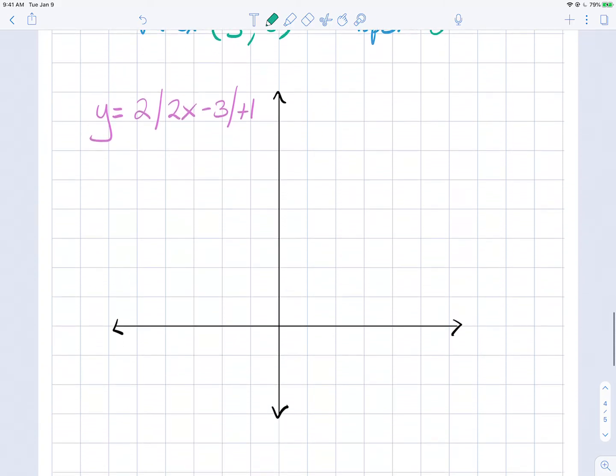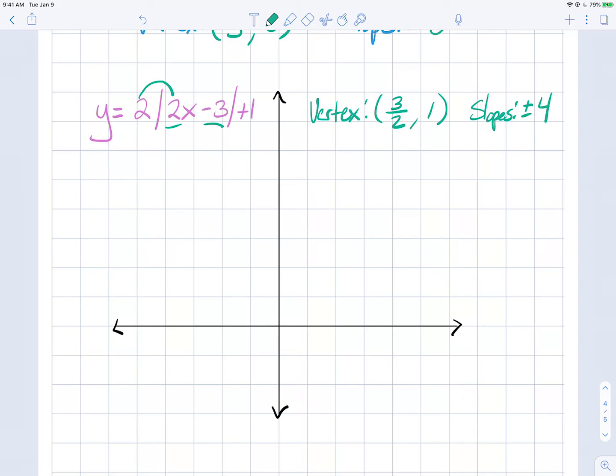So let's try graphing one of these. For my vertex of y equals 2 absolute value of 2x minus 3 plus 1, my vertex is going to be a positive 3, but I'm going to divide it by 2 because those numbers are together inside our absolute value, comma 1. And my slopes are going to be a positive and negative of 2 times 2 is 4.